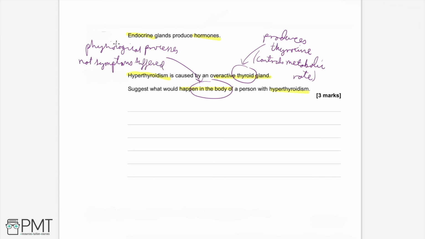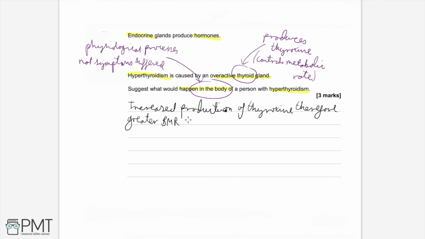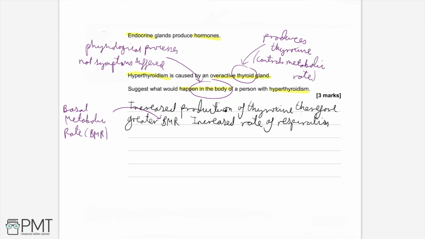So, let's write our answer. First of all, we're going to state what's happening, an increased production of thyroxine, and then what this causes. Therefore, greater BMR, which stands for basal metabolic rate, the base rate of metabolism without exercise. So essentially, the amount of chemical processes going on at rest. So therefore, there's an increased rate of respiration.